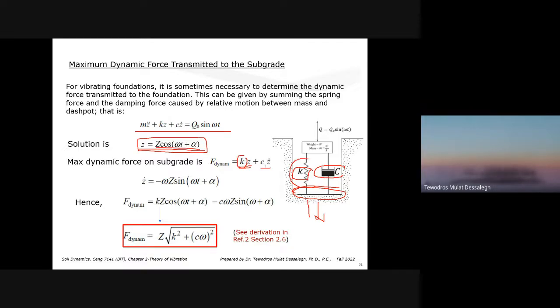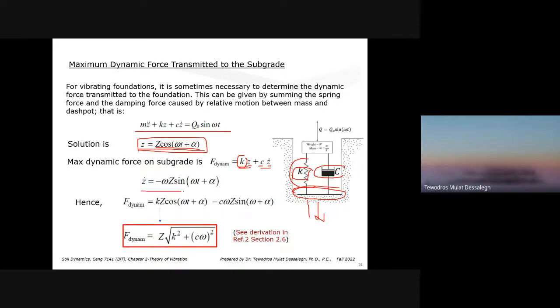For the damping case, the damping force is what? It's C times the velocity. But since we know the displacement, you can take the first derivative to get the velocity. The first derivative of Z cos(omega t plus alpha): cosine becomes minus sine, and W comes out as a constant, so you'll have minus WZ sine(omega t plus alpha).